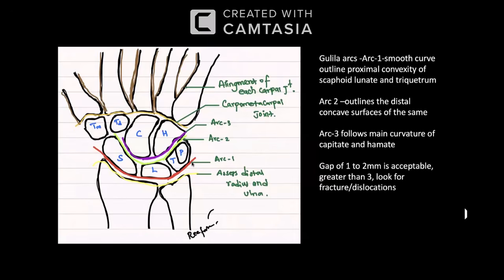Then arc 1 goes along the scaphoid and lunate and also the triquetrum. So this line has to be very smooth and there should not be any disruption.